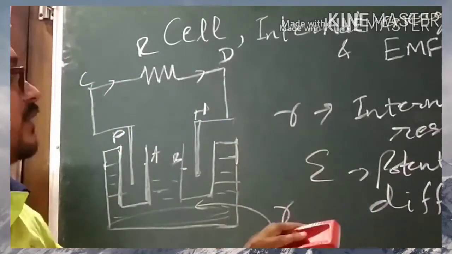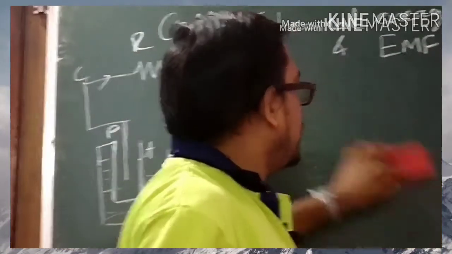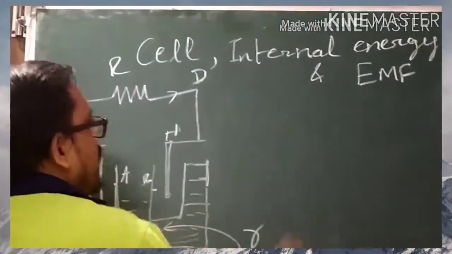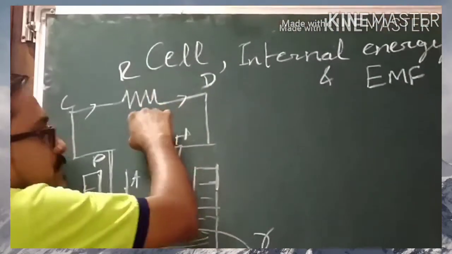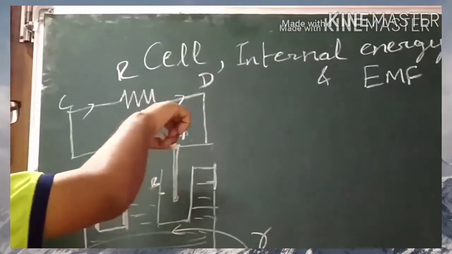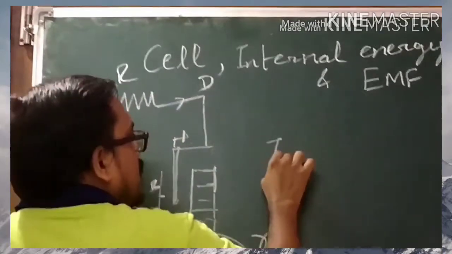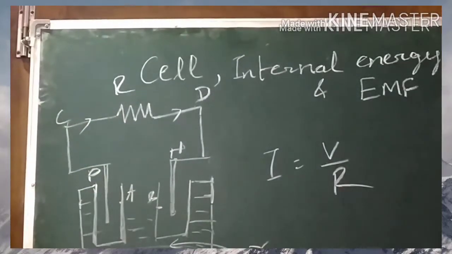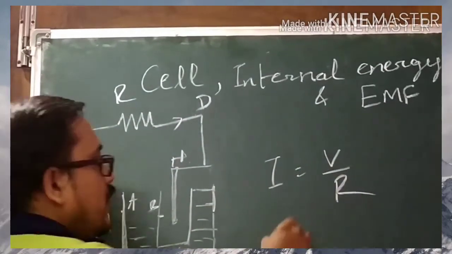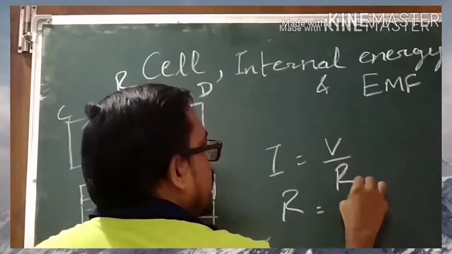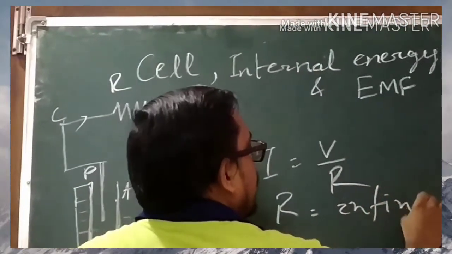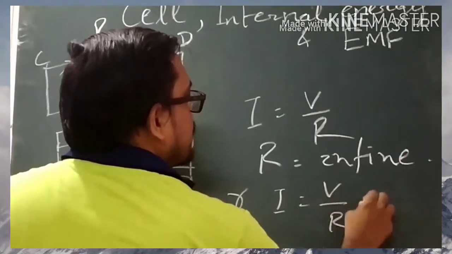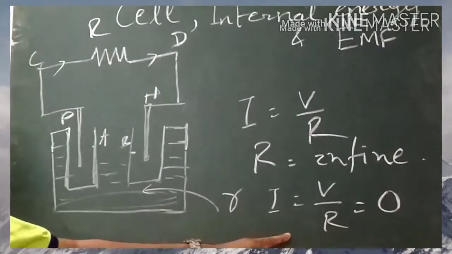To know the significance of the electromotive force, we have inserted a resistance capital R. From Ohm's law, we know I equals V by R. So when R equals infinity, that is, when the value of R is infinite, I will be equal to V by R, and this value will be 0, because R is infinite.